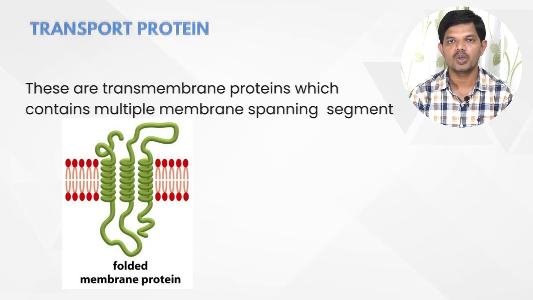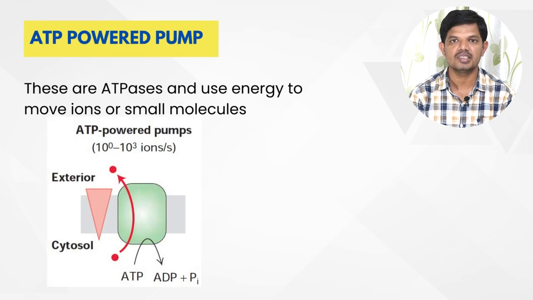The first one is ATP powered pumps, or simply pumps. ATP powered pumps are ATPases that use energy from ATP hydrolysis to move ions or small molecules across the membrane against a chemical concentration gradient or electric potential or both.